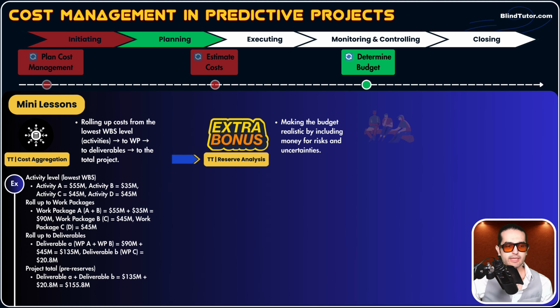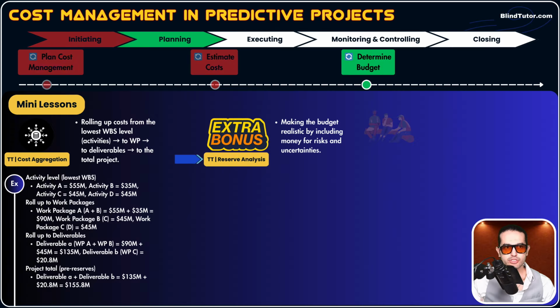Guys, reserve analysis helps us in two ways in projects. Number one, adding extra money or extra time in the schedule part. Extra money or extra time, this is the first way that reserve analysis helps us. The second way is that reserve analysis shows us the remaining reserves for each part of the project.